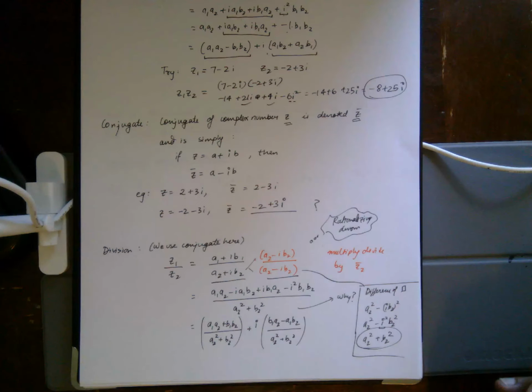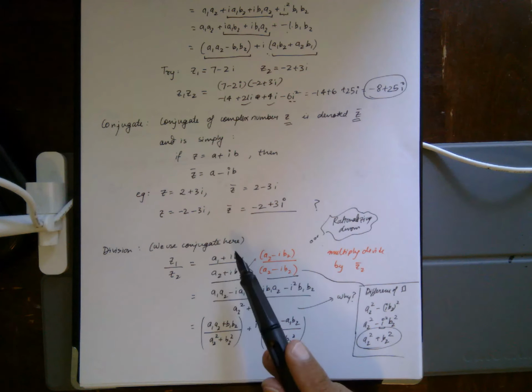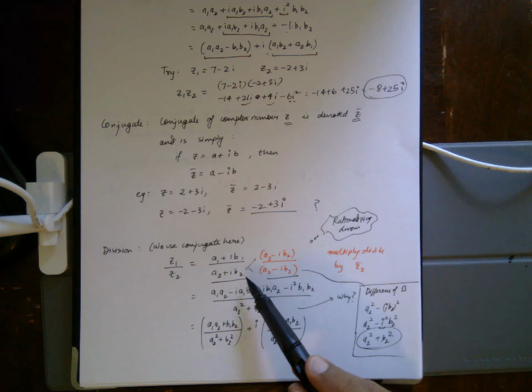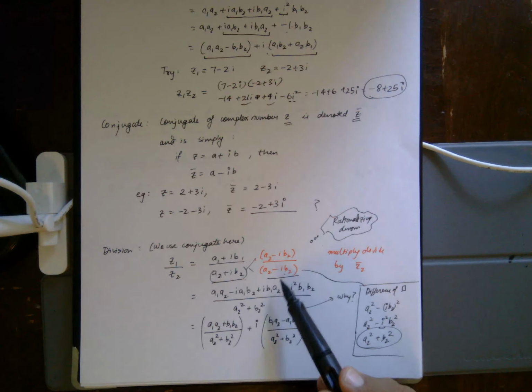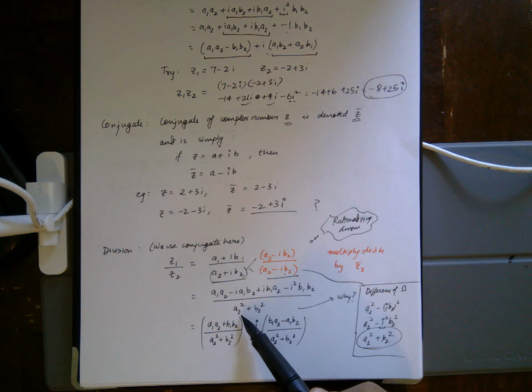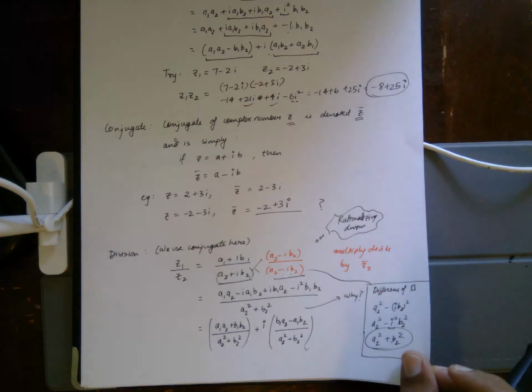In fact, that is the reason why the division works, or why we use the conjugate, because we know that when I multiply a complex number with its conjugate, I'm going to get a real number, which is just going to be a2 squared plus b2 squared. So it kind of works out here.